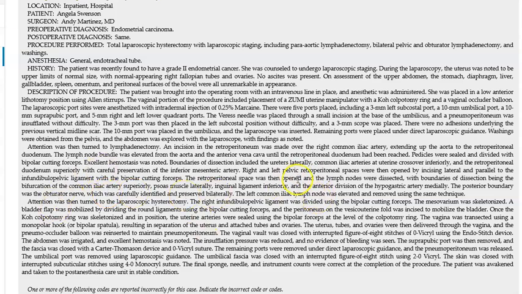The retroperitoneal space was then opened and the lymph nodes were dissected, with boundaries of dissection being the bifurcation of the common iliac artery superiorly, psoas muscle laterally, inguinal ligament inferiorly, and the anterior division of the hypogastric artery medially. The posterior boundary was the obturator nerve, which was carefully identified and preserved bilaterally. The left common iliac lymph node was elevated and removed using the same technique.